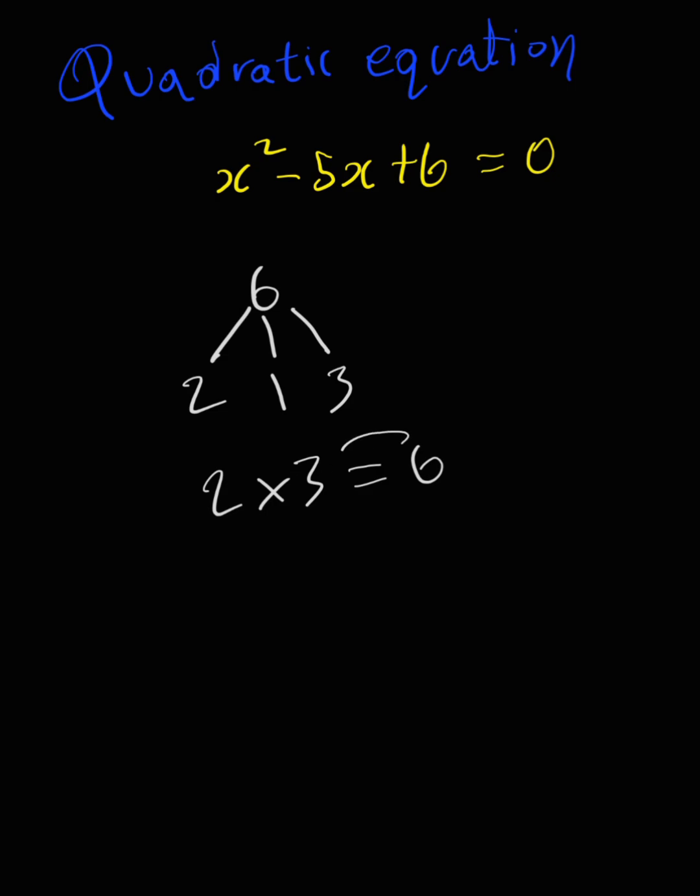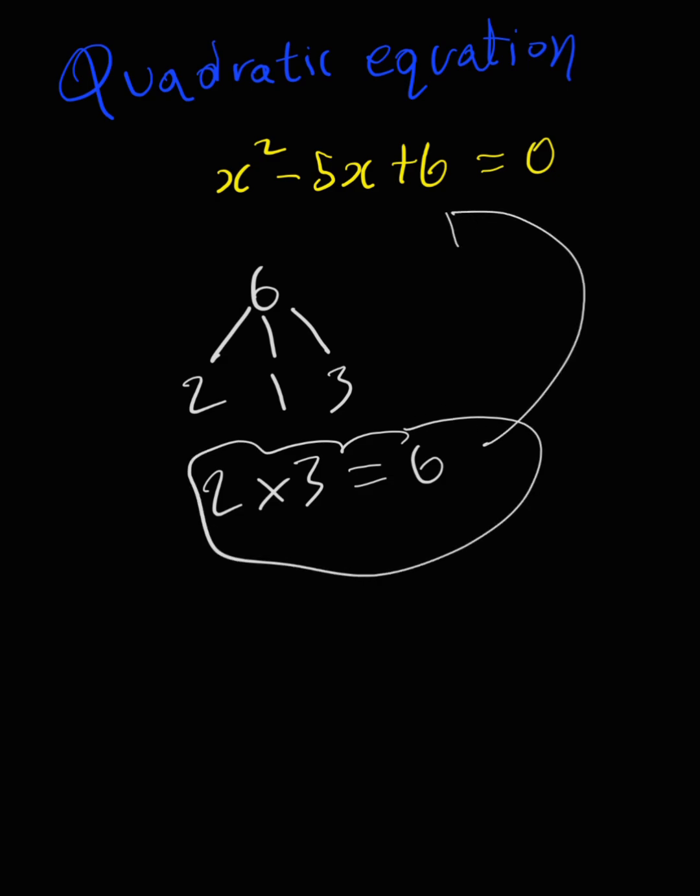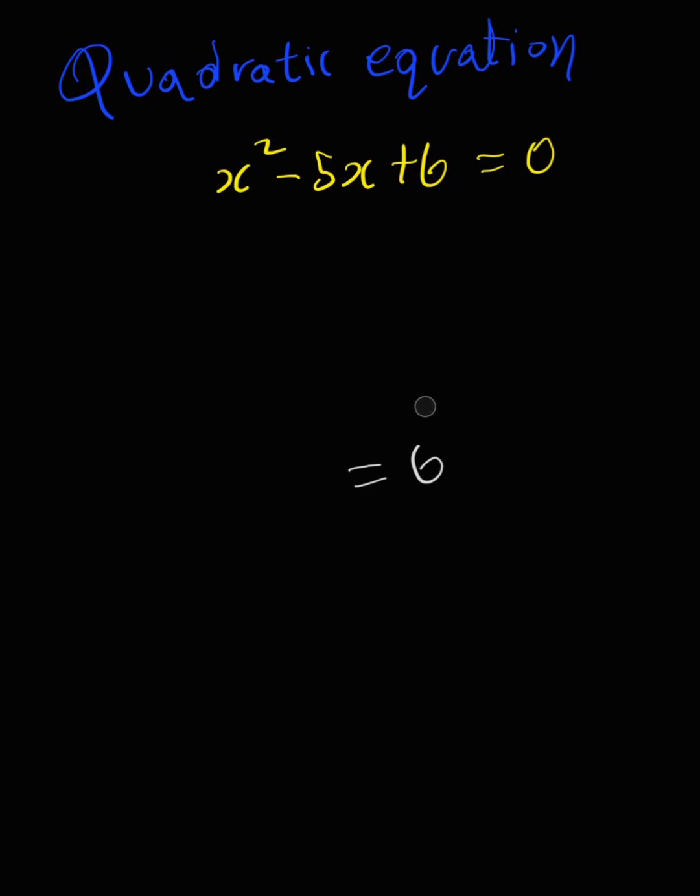So we use this idea and apply it right here. What we do is we try to factorize this equation, or break it out into a product of two such things such that they equal 0.